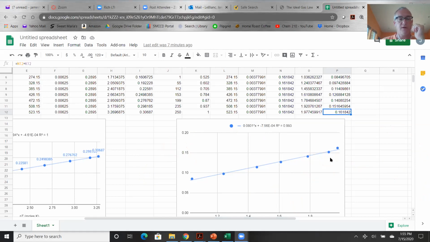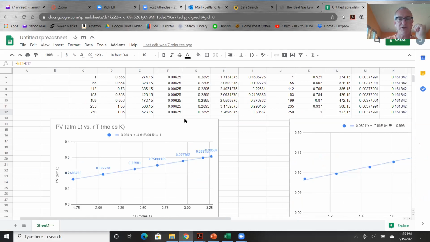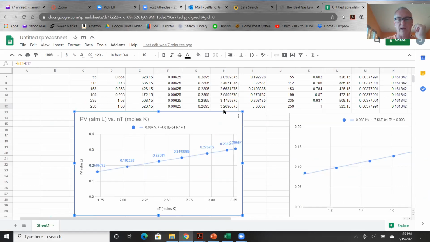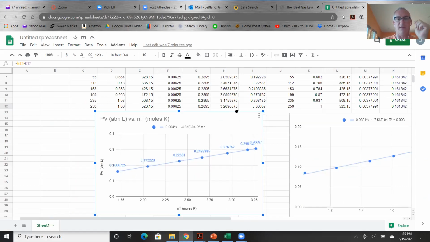is notice my graph on the left here has all the information I'm really looking for. I'm saying what it is I'm plotting. I have my axes labeled. All that is excellent.